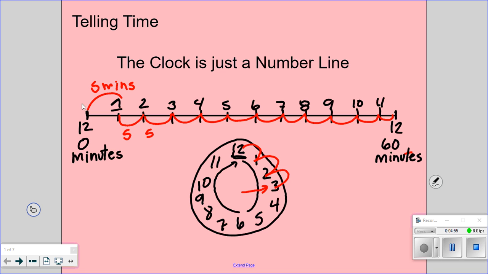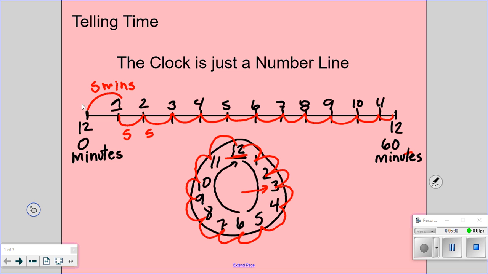This is where some people get confused. Once I continue to go around my clock, and I go all the way around, I've done 12 groups of 5. What is 12 groups of 5? That's the number of minutes that I've traveled. Okay, Bella? Yeah, we've done 60 minutes.